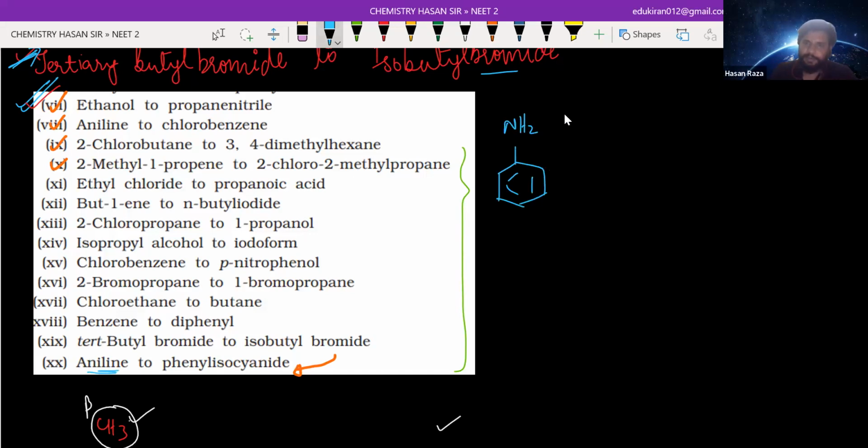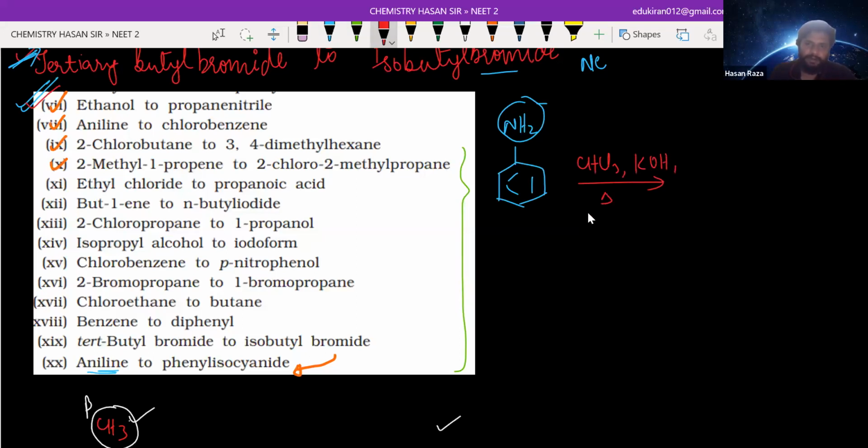This is your aniline. And isocyanide means you just need to remove this NH2 and make it NC. That is isocyanide. Cyanide is CN. So what you need to do, very simple, is react this with chloroform, CHCl3, in the presence of a base, that is KOH, and heat.